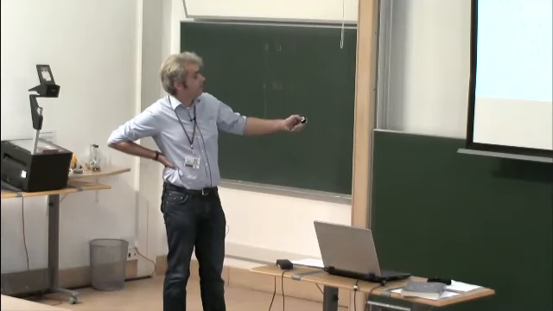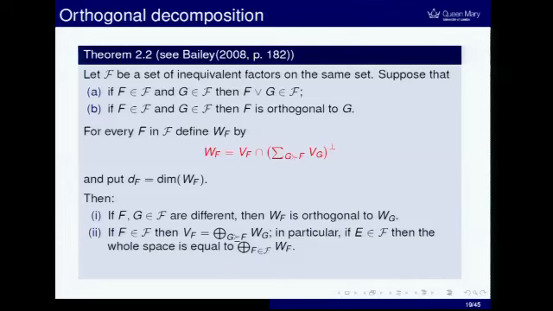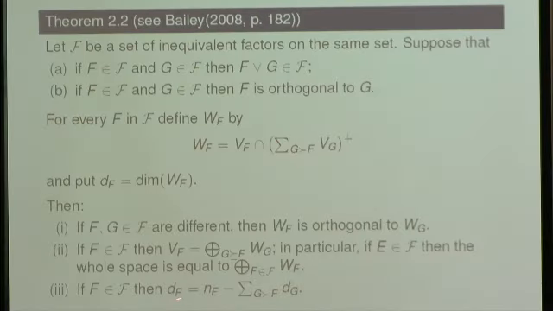And related to that is also an equation for the dimensions of the W spaces here. So for a factor F in our set curly F, the dimension of WF is equal to the number of levels of the factor F minus the dG's for all factors G that are coarser than F. And the relevance of that is that basically this bit here about the dimensions gives us the degrees of freedom in the analysis of variance, as we will see later on.